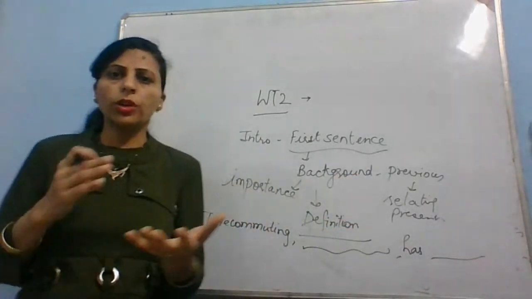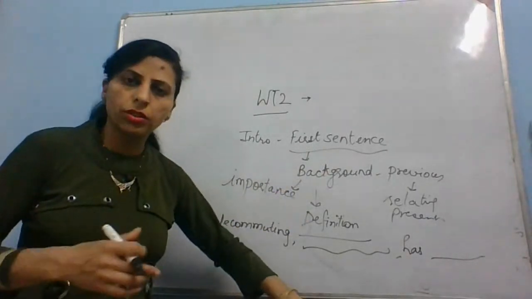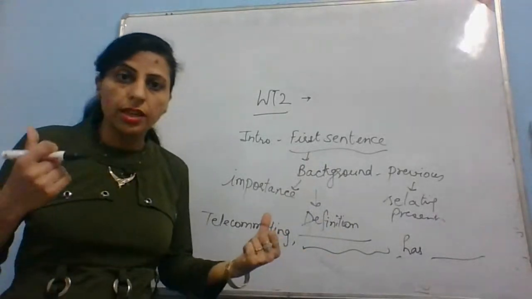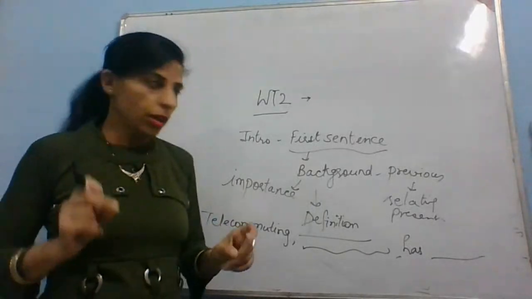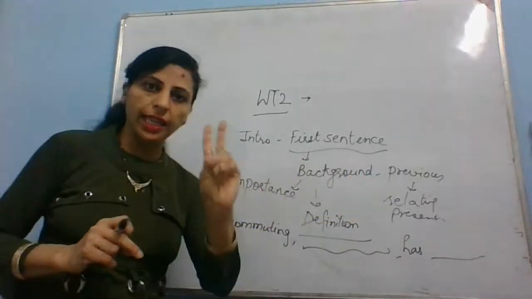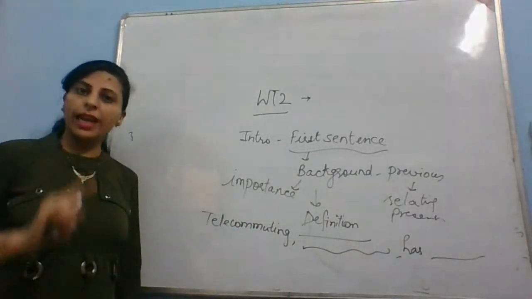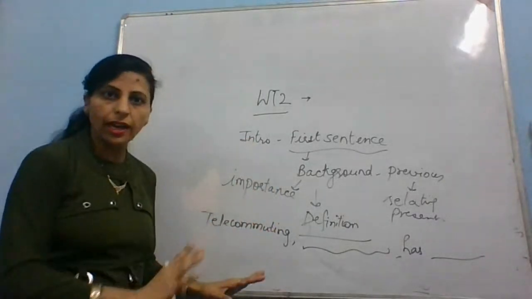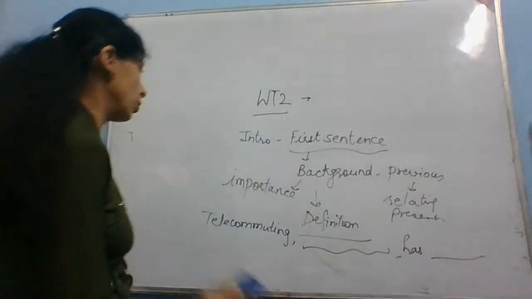Or you can also talk about something else. Suppose, not technology, you can talk about something else: the price of oil has seen a rampant increase. You can discuss like this. So you are giving importance to something. Okay, these are the three things by which you can start the first sentence of your writing task. I hope this is clear, but when I write about writing task 2, you'll get clearer about it.